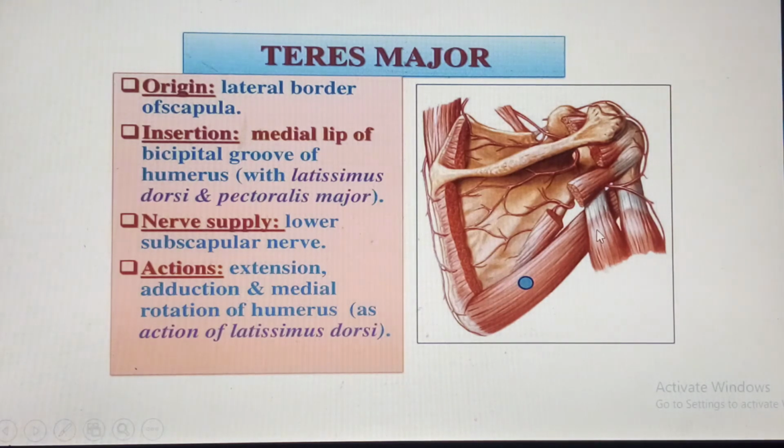It also assists in some extension. So the key thing is that because it inserts on the medial lip of the intertubercular sulcus, it is very important in medial rotation of the humerus.